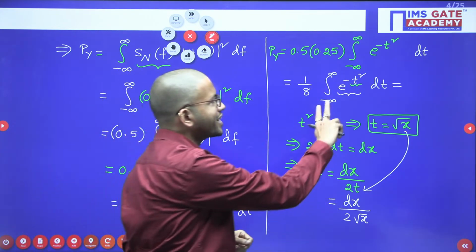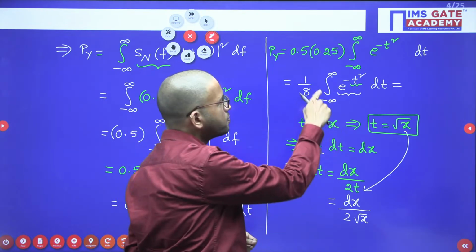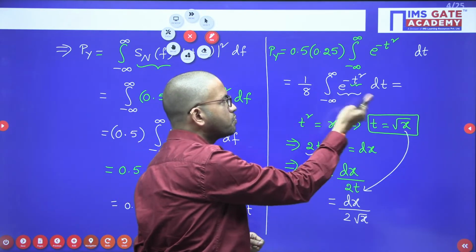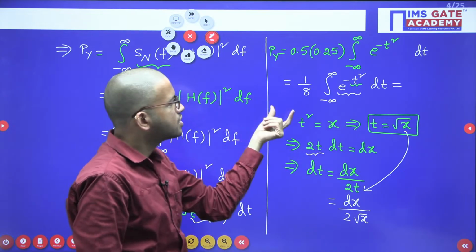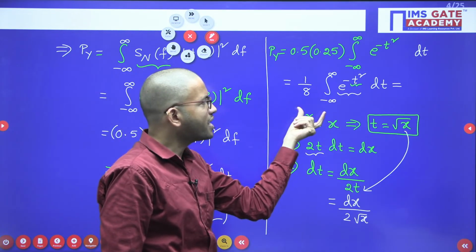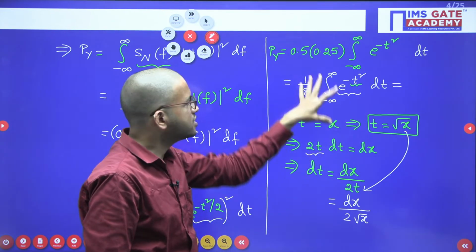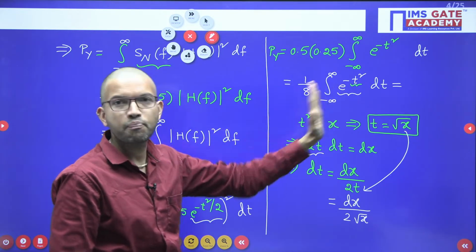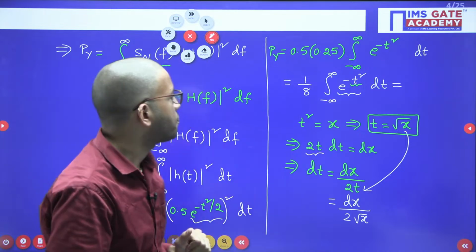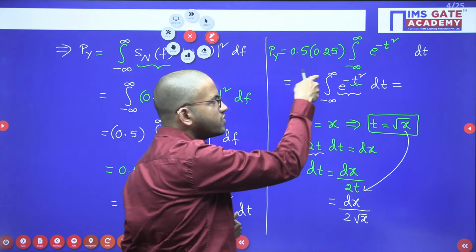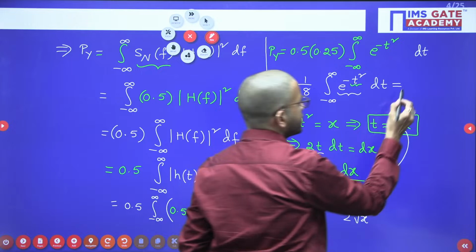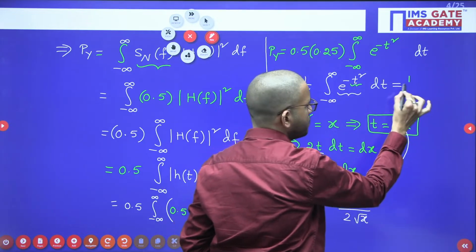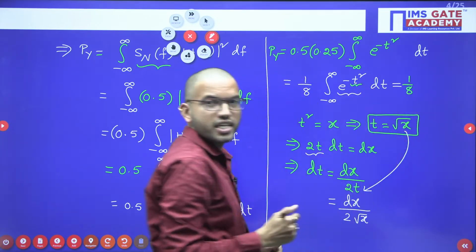So that means it is an even function. So whenever you have an even function, if you are performing integration over both sides, that means the negative time axis and the positive time axis, we can represent the overall limit from minus infinity to plus infinity. Yes, very good Manoj. So we can represent the overall integral limits like this. 1 by 8 we can keep as it is.